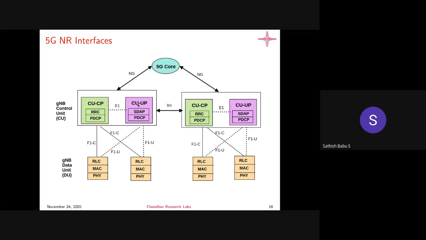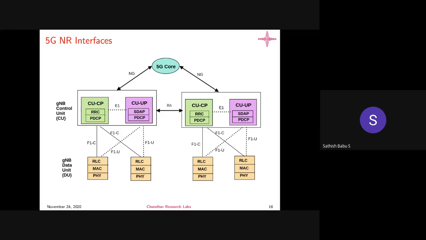So the control unit user plane, the lower layer is the same, that is PDCP. PDCP is the packet data convergence protocol. This you would have come across in your communication networks if you have any. This packet data convergence protocol is responsible for handling the packets from the higher layer to the next lower layers.